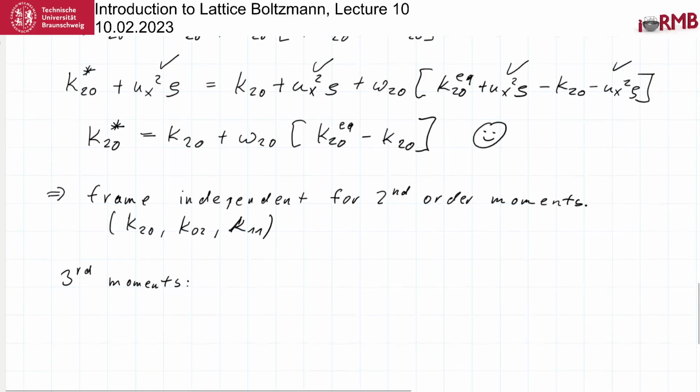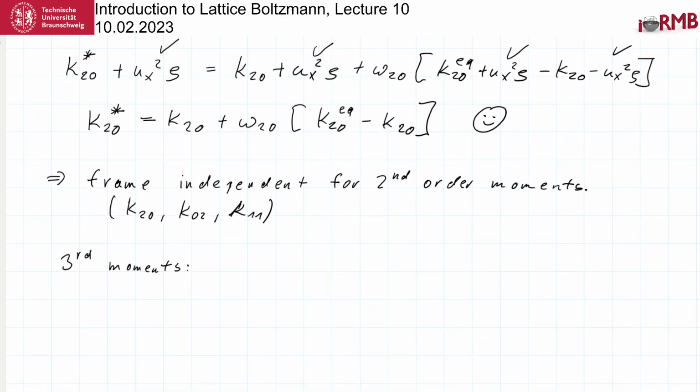Unfortunately, we only know after doing a lot of writing. First of all, we have to know what K21 is. K21 is M21, so according to our binomial transform, this is minus 2ux M11 minus uy M20 plus 2ux square uy rho.